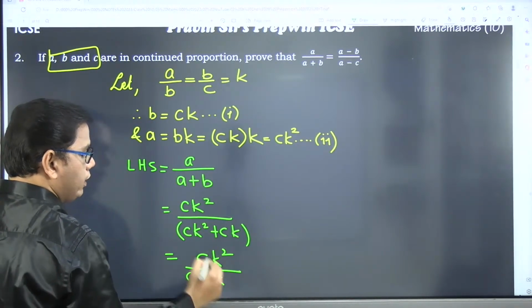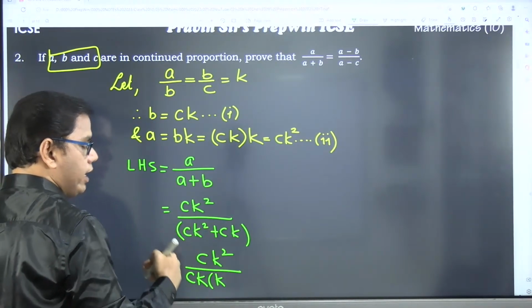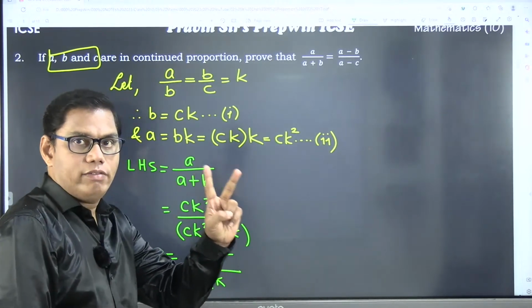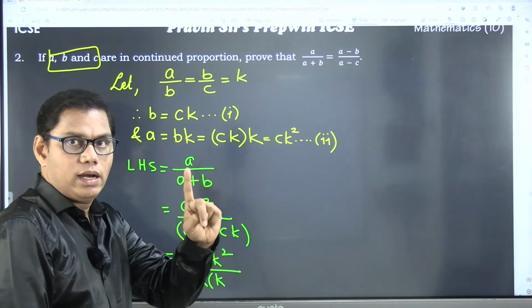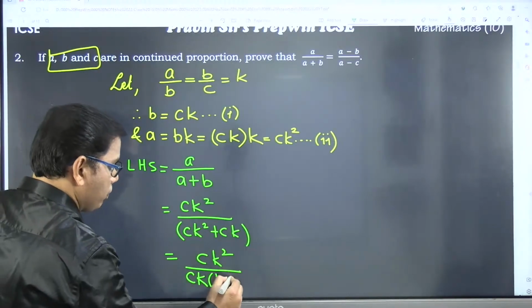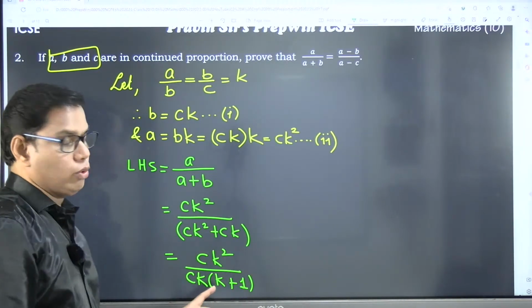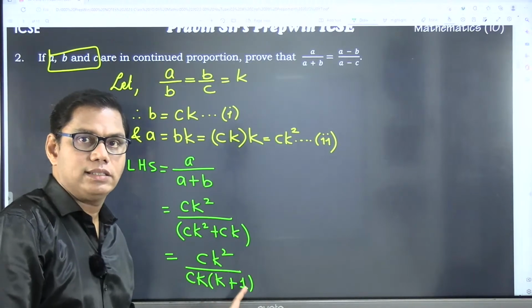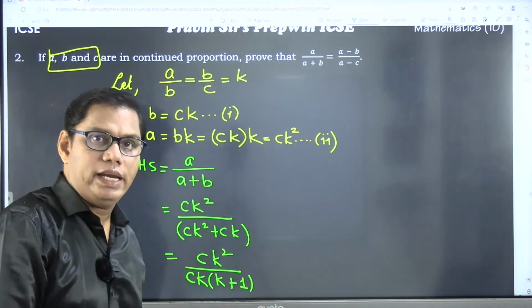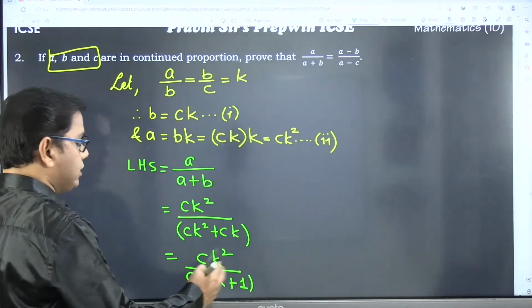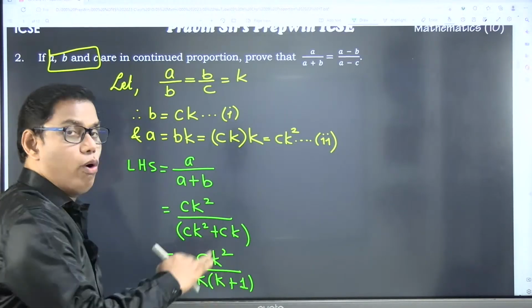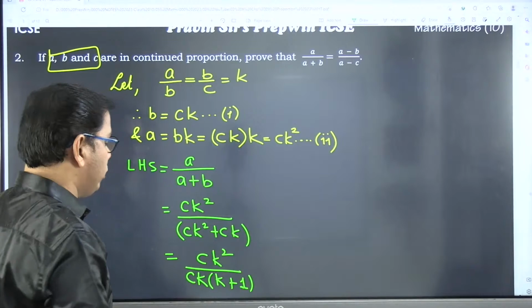What remains inside the bracket is K plus 1. If you are doubtful whether this is right or wrong, you can reopen that bracket and find it yourself.